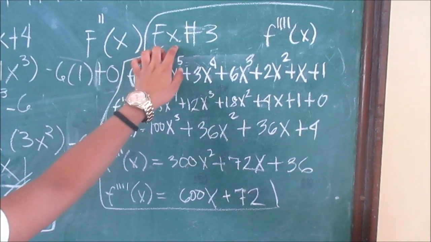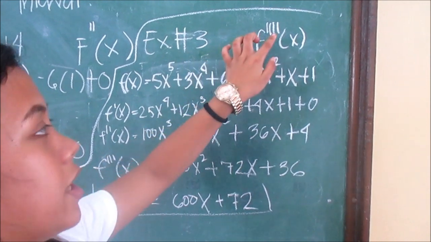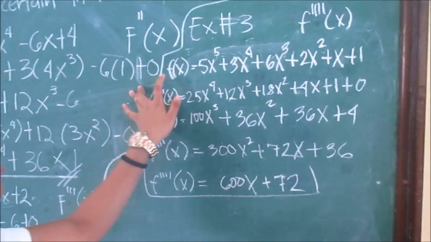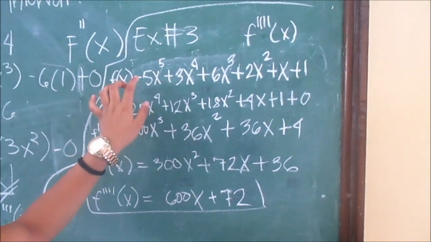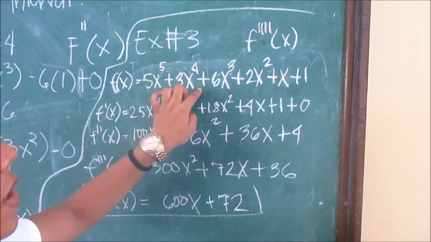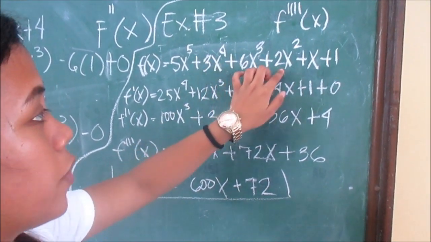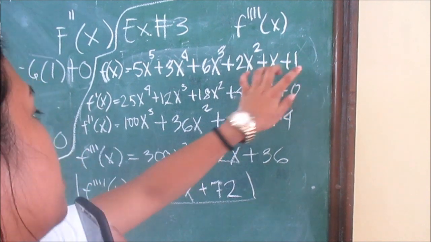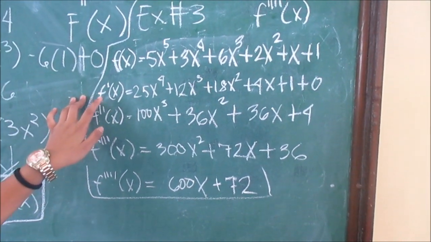So, example number 3 is we're going to get the fourth derivative of this function. The function is f of x equals to 5x raised to the power of 5 plus 3x raised to the power of 4 plus 6x cubed plus 2x squared plus x plus 1. So we're going to get the first derivative.